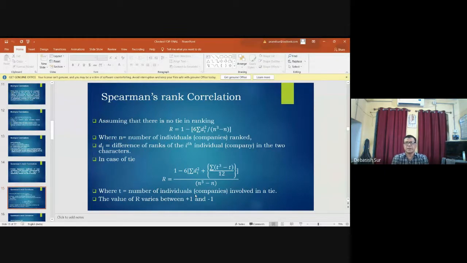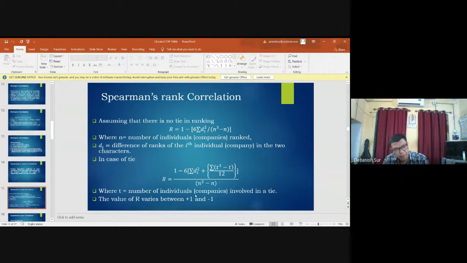These are the formulae for the Spearman rank correlation coefficient. Actually, there are two conditions: when a tie arises and when a tie does not arise.